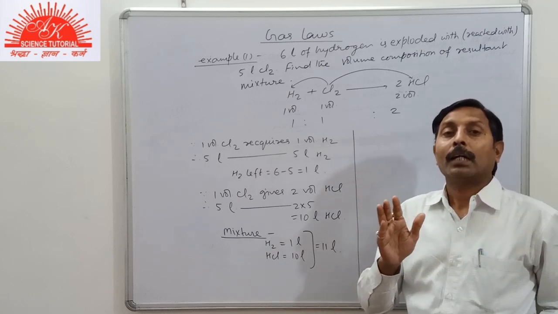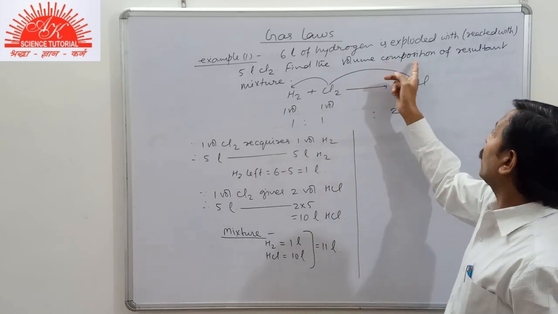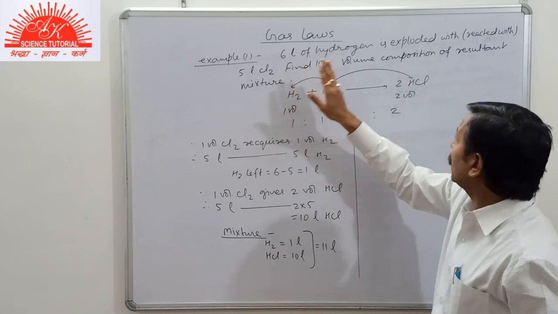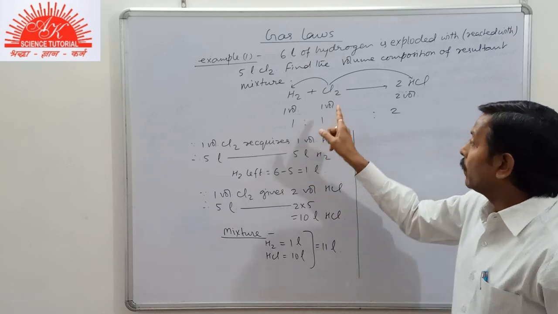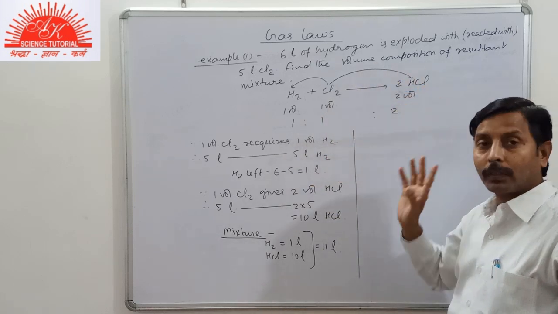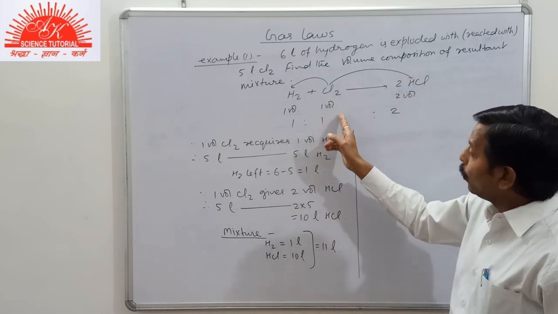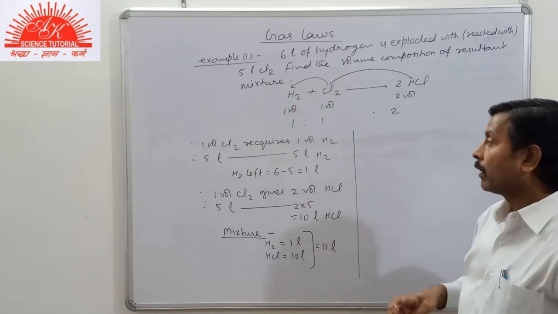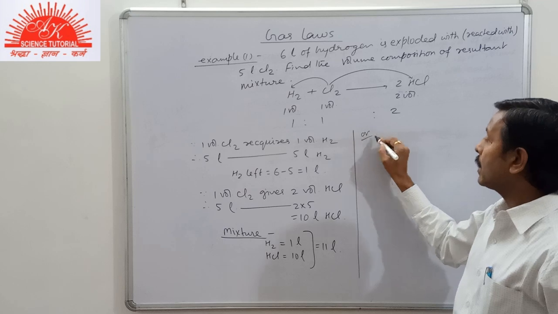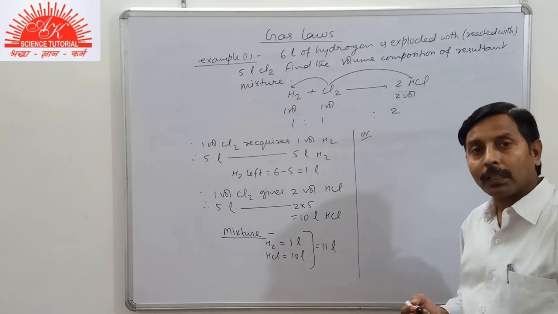Again remember, if you are asked to find the composition of resultant mixture, then you should calculate the volume of product obtained, as well as look for the reactants left behind.